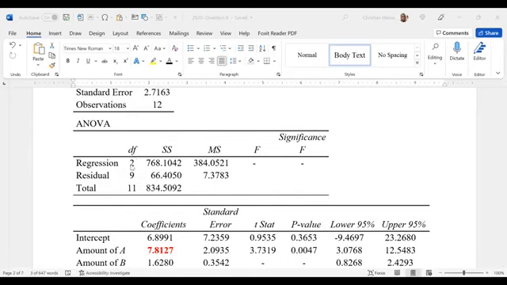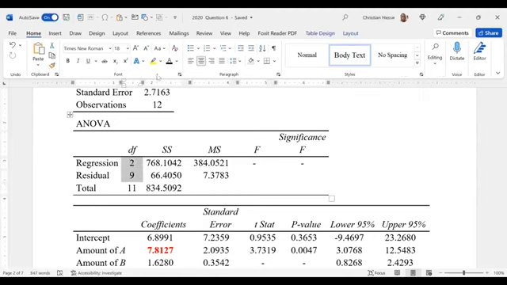For regression, the degrees of freedom is 2. For residual, the degrees of freedom is 9. And for the total, 2 plus 9 is equal to 11. So the degrees of freedom here is 2 and 9.